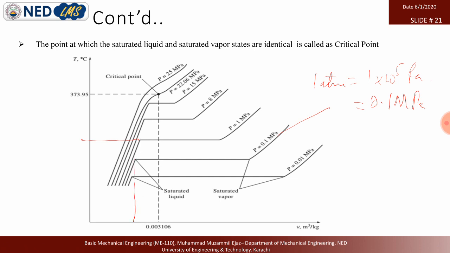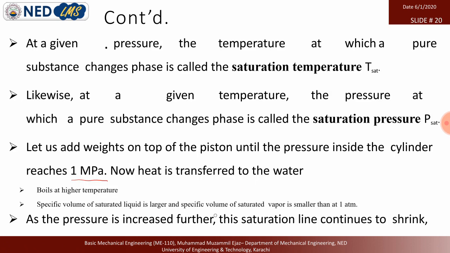In this case, the specific volume at the saturation point, this is called the saturation point, will also increase, as well as the temperature when the water boils, or when the system starts its phase change process. In a similar way, if we keep increasing the pressure in the piston, we get higher temperature and higher specific volume, and the phase change process shrinks.